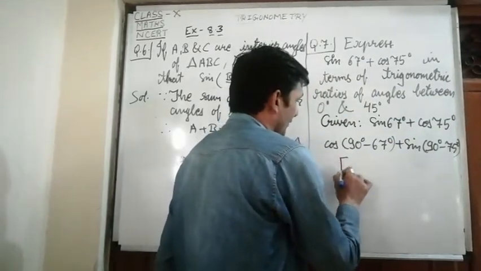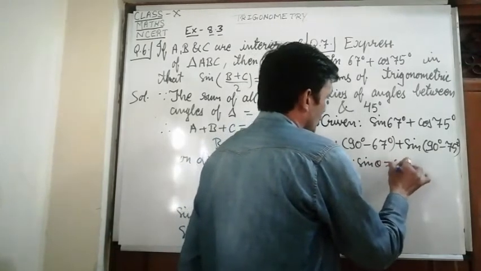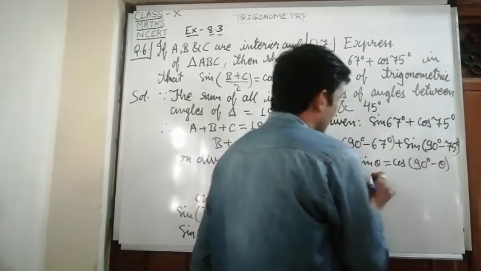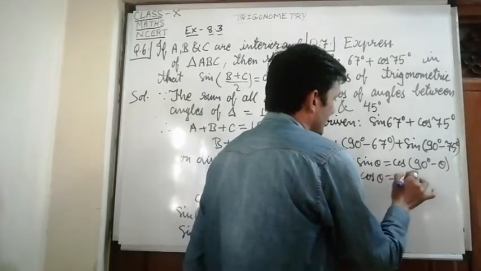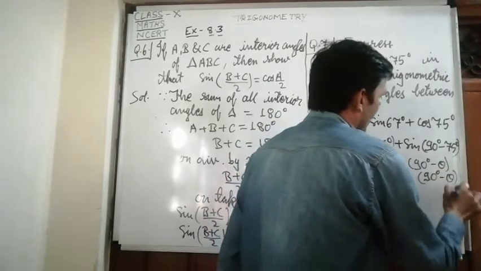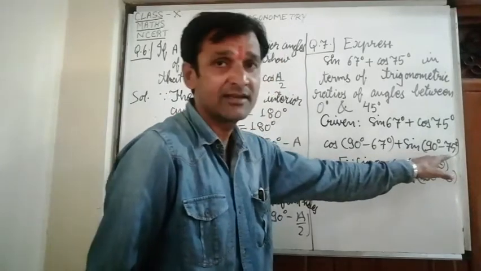So we have to mention here sin theta is equal to cos (90 minus theta), and cos theta is equal to sin (90 minus theta). That's why we have assigned it in the form of cos (90 minus 67) and sin (90 minus 75).